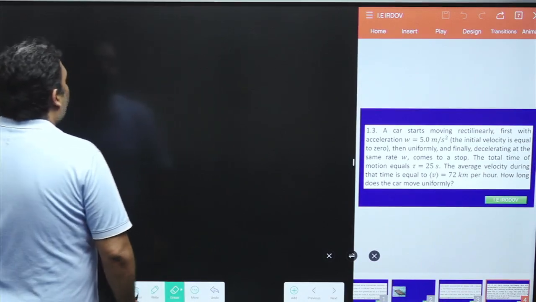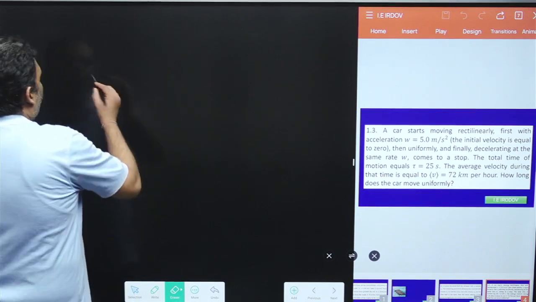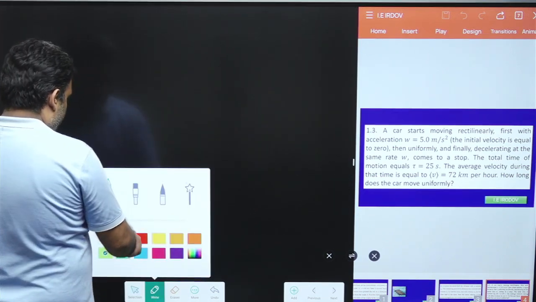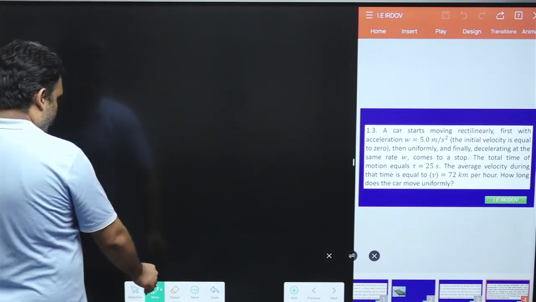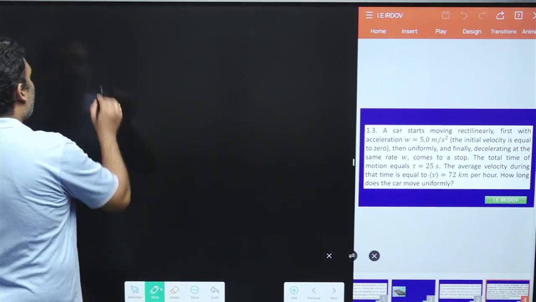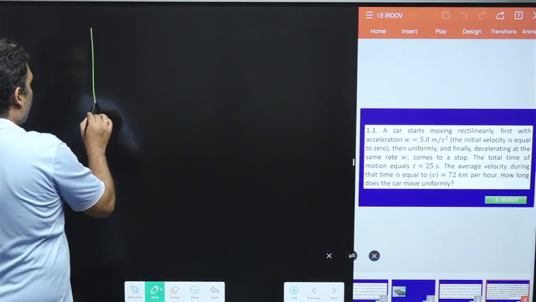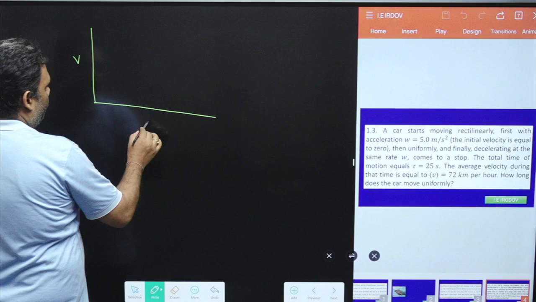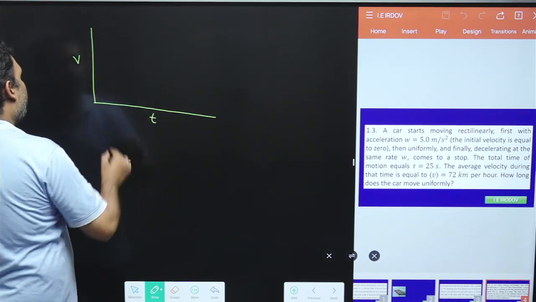What is going to happen? First we plot velocity versus time. The y-axis is velocity and the x-axis is time.